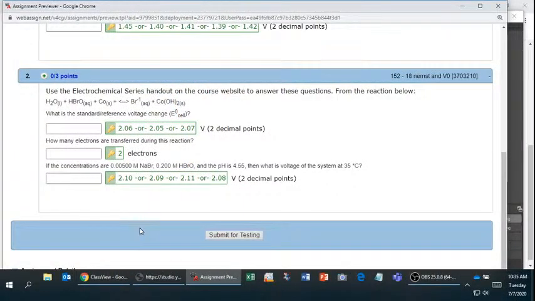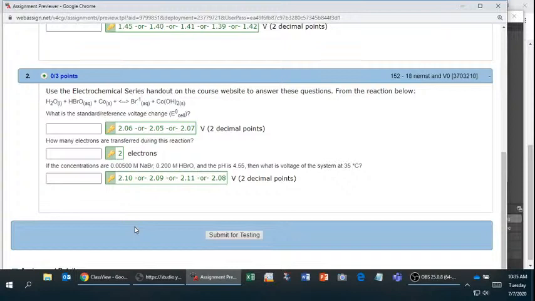So in this equation, I'm going to write it up on the board behind me. I've got H2O plus HBr plus cobalt goes to bromide and cobalt hydroxide.